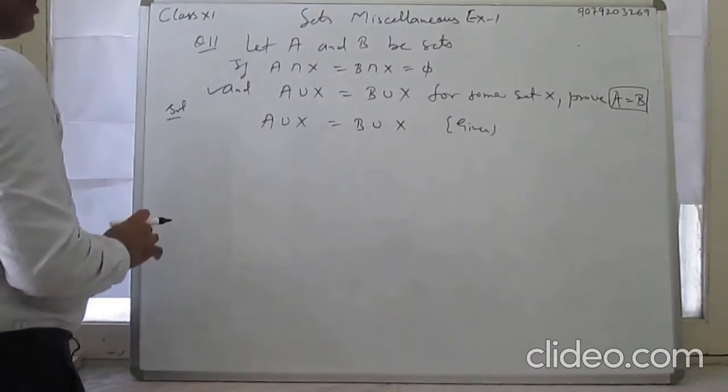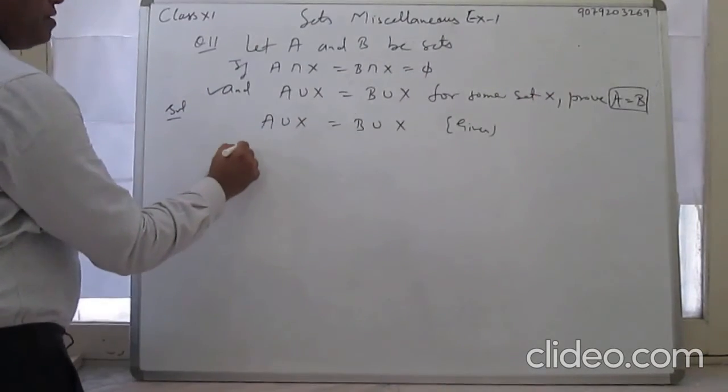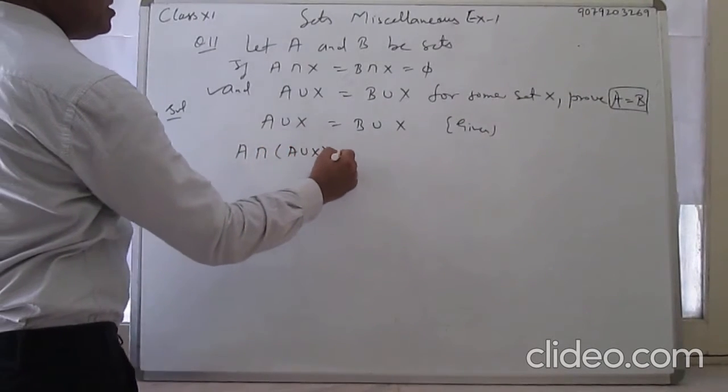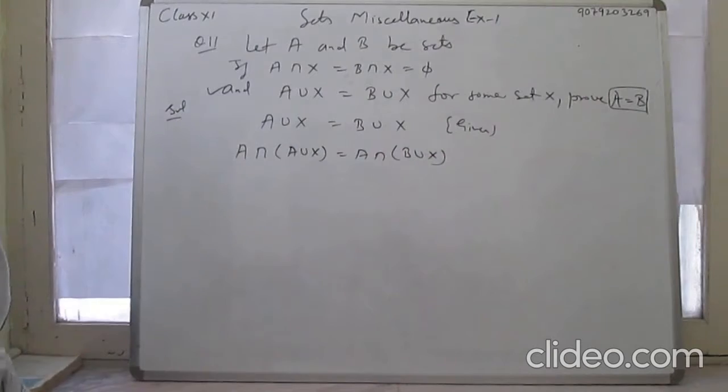Operating with A using the distributive property, with intersection: A intersection (A union X) is equal to A intersection (B union X).